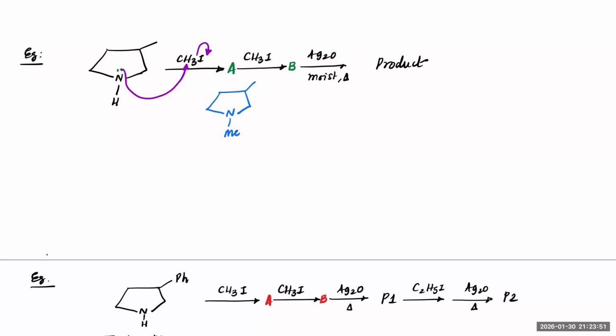This will be A. Again, the lone pair present on nitrogen will make one more attack with methyl iodide, and that will give you the second mole, like this, with two methyl groups on it.